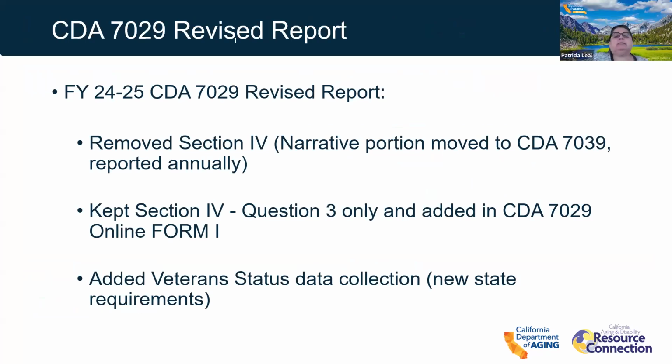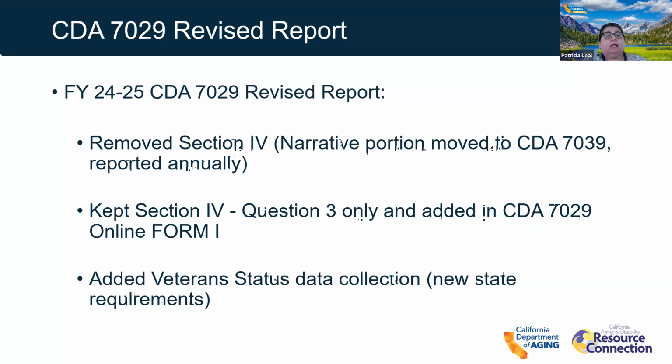So we have revised the CDA 7029 form for the fiscal year 24-25. In the revised report, we removed section 4. The narrative has been moved to CDA 7039, which is reported annually.